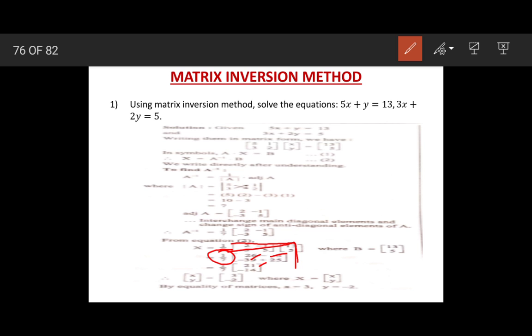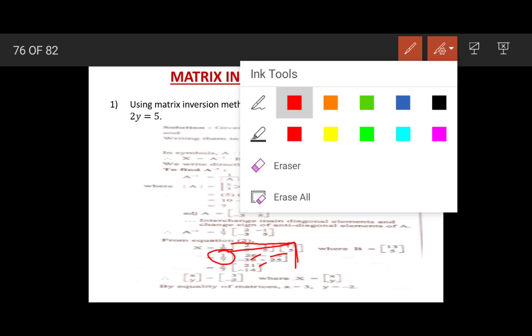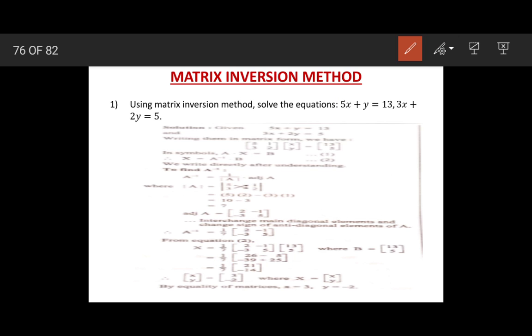Then the second row with the column. -3 into 13 will be -39. Then 5 into 5 will be +25. So -39 plus 25 will be -14. Okay. So 1 upon 7 into the matrix of 21, -14.